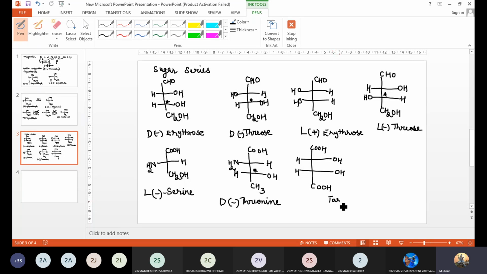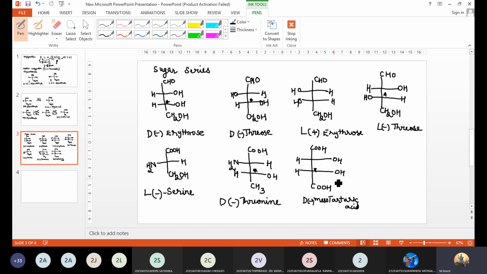Is it tartaric acid? Yes, ma'am. And this is meso-tartaric acid. Is it D or L? D, ma'am. How is it D? Because we just have to check with the bottommost asymmetric center. On the right side you have OH.